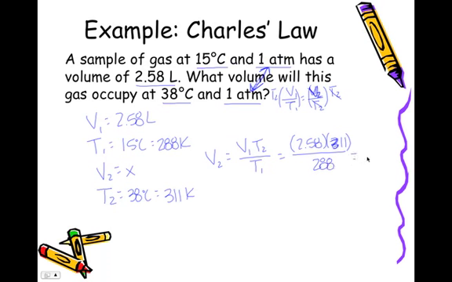Plug that into your nifty little calculator. What did we do before these things? My goodness, it must have taken us forever to solve math problems. And we end up with, let's see again, we're allowed 2 sig figs, so about 2.8. This is volume, so liters.